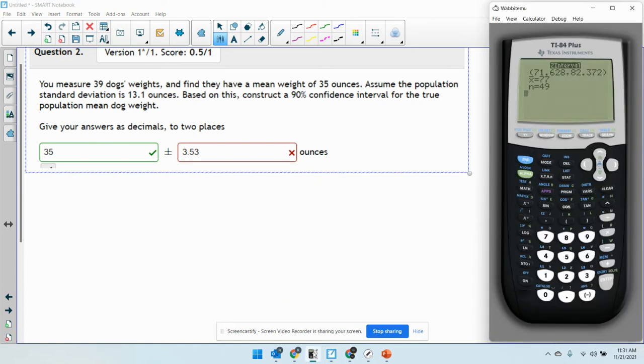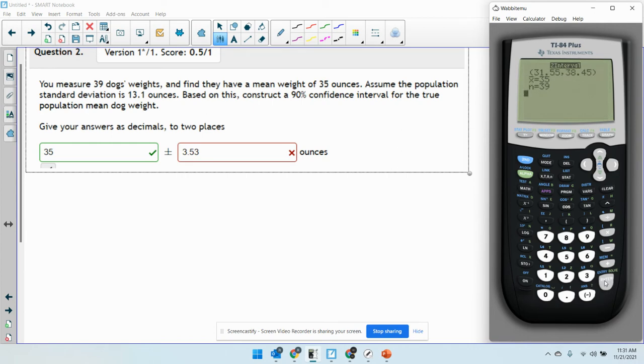So let's do it the same way we did the last one. Then we can just do a little math to figure out what we're adding and subtracting from our point estimate. So back to stat, back to z interval. We're going to plug in our values here, 13.1. Average is 35. Size of the sample is 39. And we want 90% confidence.